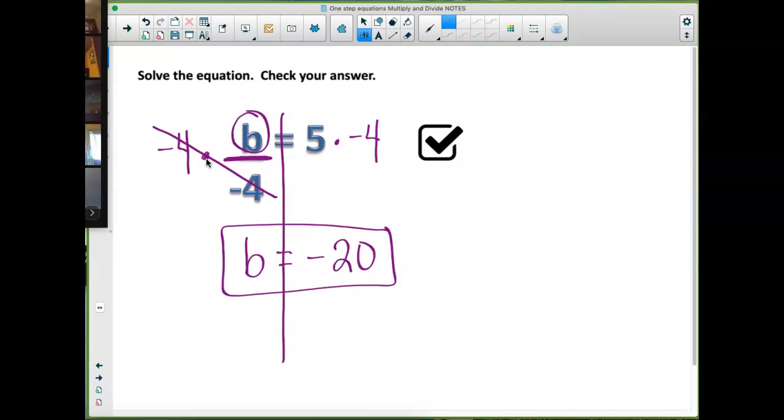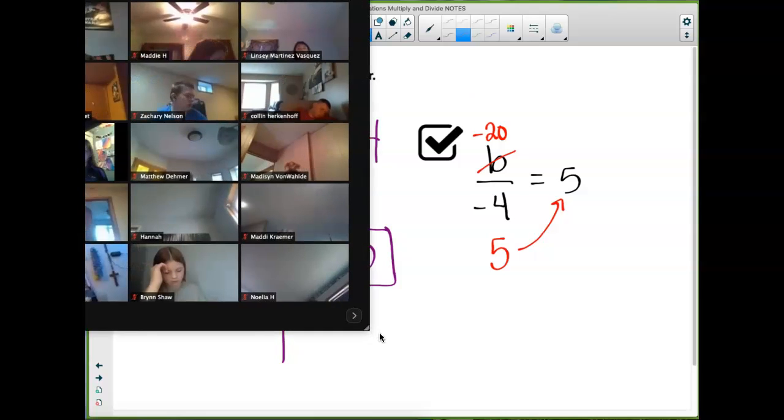Okay, to get the extra credit, you can do the check. Rewrite the original problem, replace the b with negative 20. Negative 20 divided by negative 4 is 5. So it works. Okay, hold your notebook up to the screen again so I can see that you've shown your work.